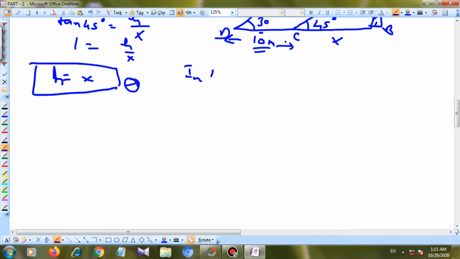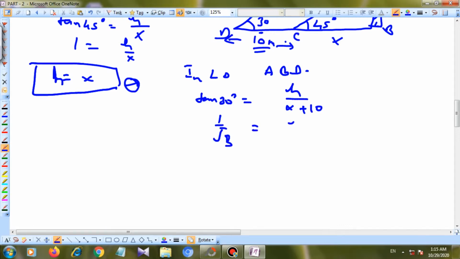And in right angle triangle ABD, tan 30 degree equal to h upon x plus 10. So the value of tan 30 will become 1 by root 3. So this is h upon x plus 10, right?